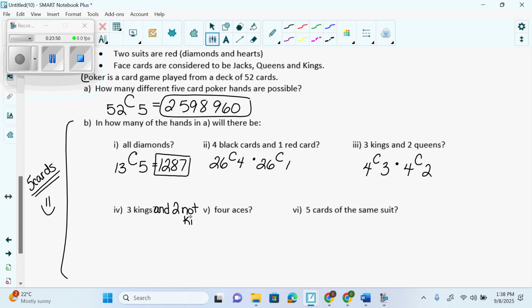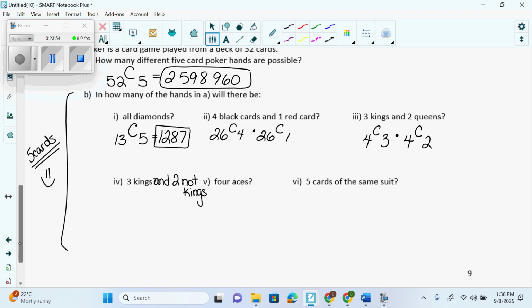So you have to make sure you always have 5. Okay, now watch yourself, because little Crystal remembers doing this and messing up. So 3 kings. How can we choose kings? We go 4, choose 3, and now keep in mind, everyone paying attention, a lot of people will tell me that it's 49, choose 2, but that's wrong. They're like, well, I only used up 3 cards.